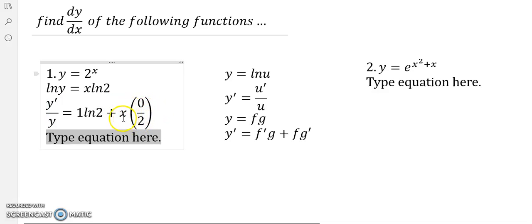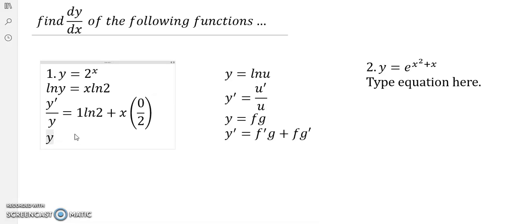However, this term will give us 0 because 0 divided by 2 is 0, multiplying by x will also give 0. Therefore, we're gonna have y prime equal to y times this, which will give us y ln of 2, so y prime equal to.